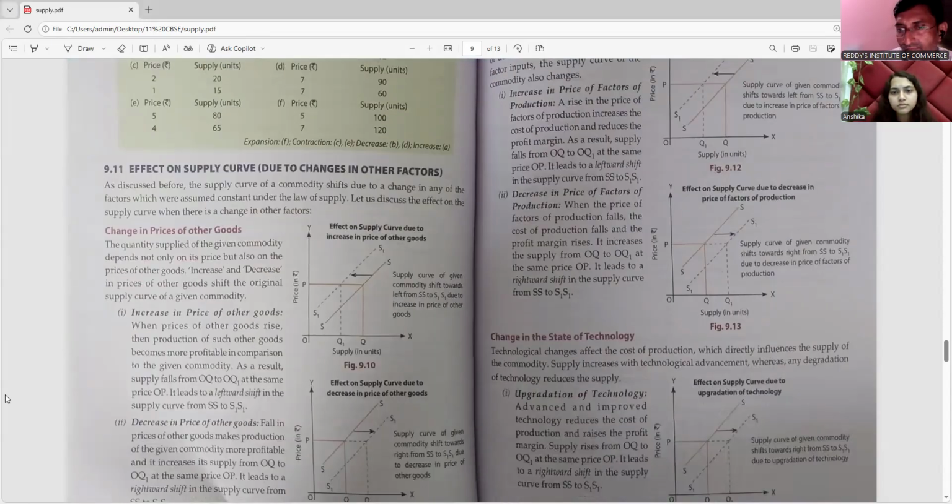Then another example, decrease in price of factors of production. Vice versa of this earlier scenario. O to X axis indicates supply quantity, O to Y axis indicates price. When price remains the same, but there is a decrease in factor of production cost, your supply is increased from SS to SS1.